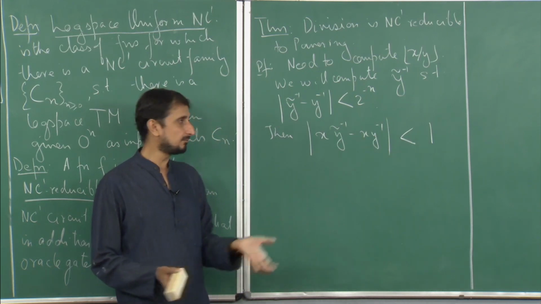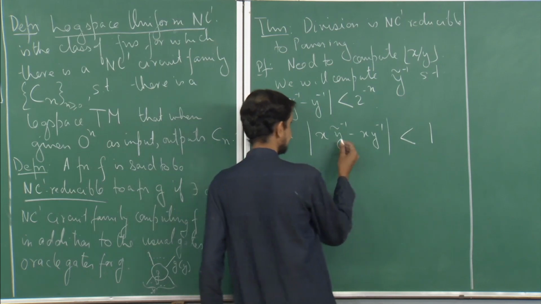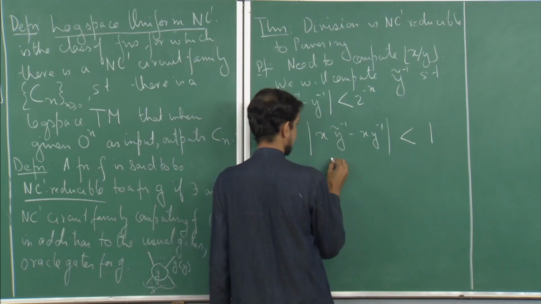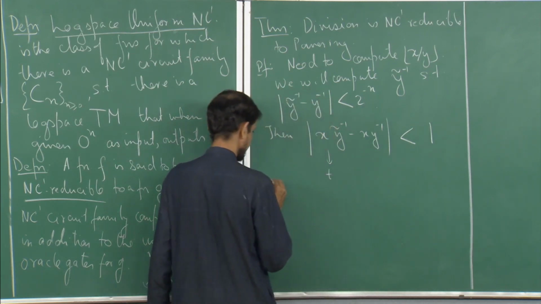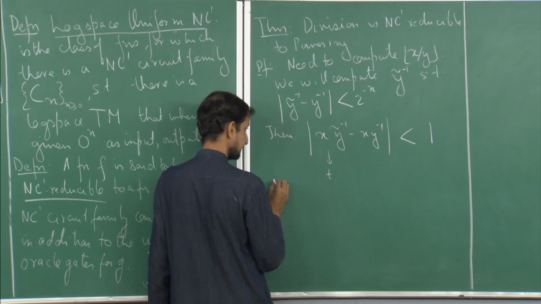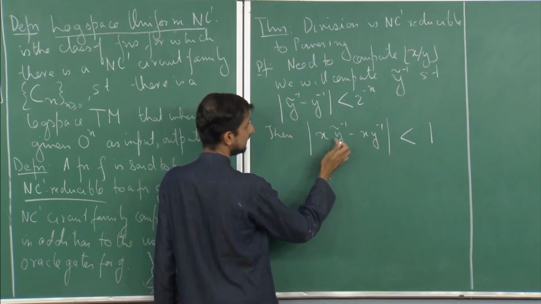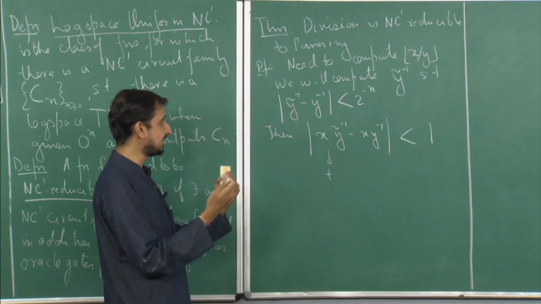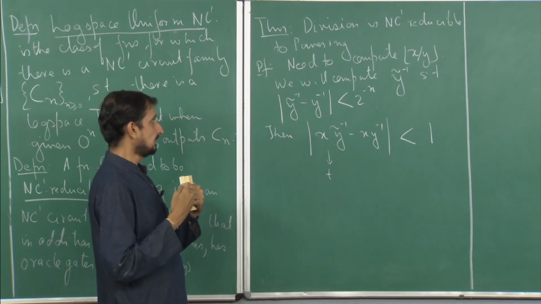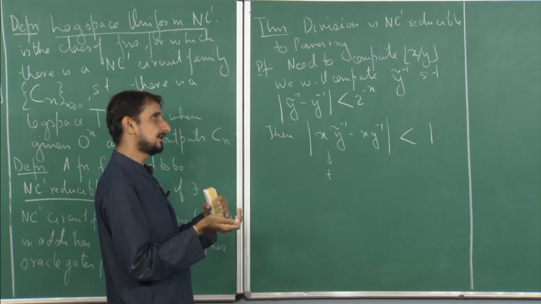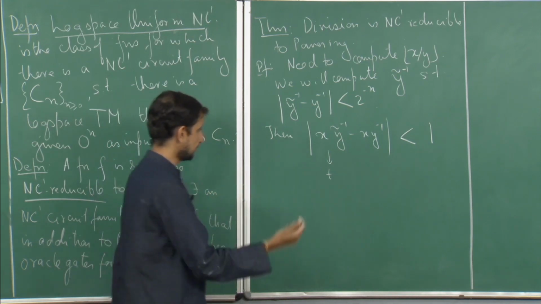So, essentially let us say I will call this t. This is actually an under approximation. y tilde will be an approximation of y, so y tilde inverse will be an under approximation of y inverse.